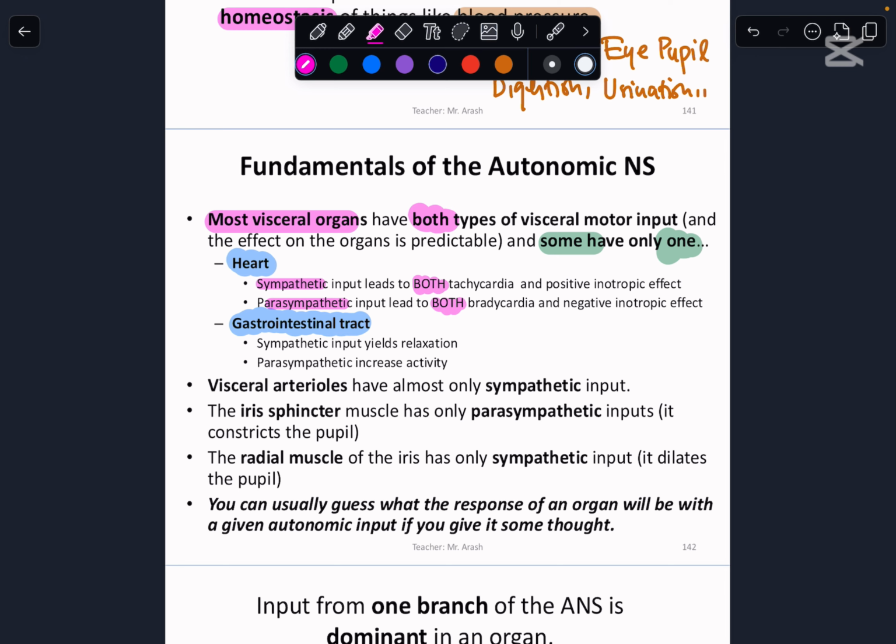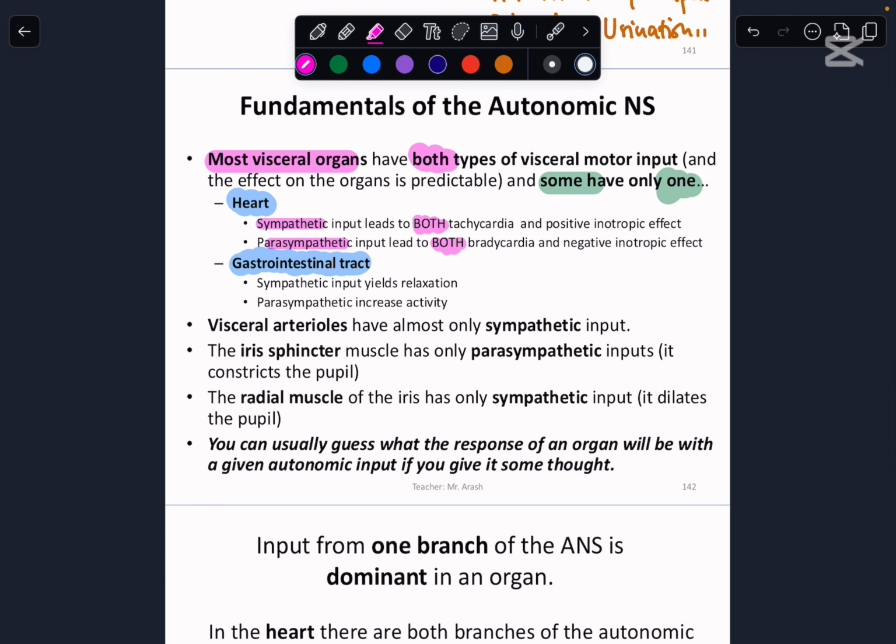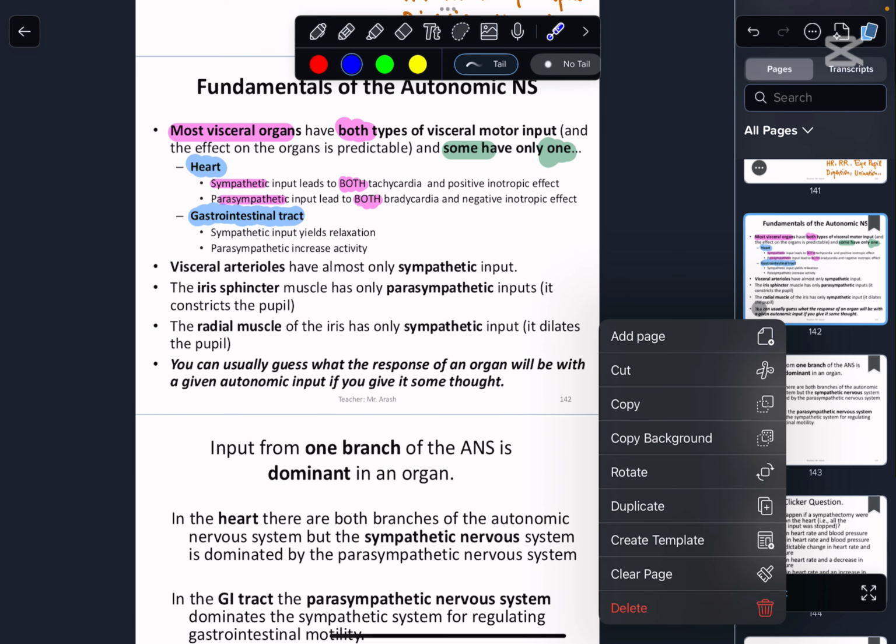Tachycardia and bradycardia refer to heart rate, and the inotropic effect has to do with how forcefully our heart can pump. We do want to mention that in the next slide.